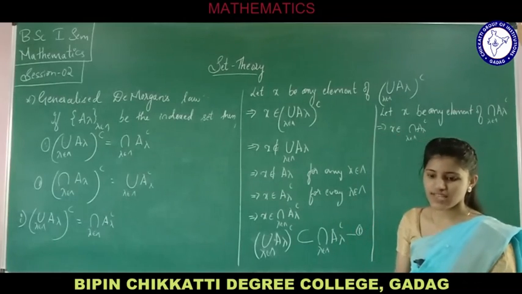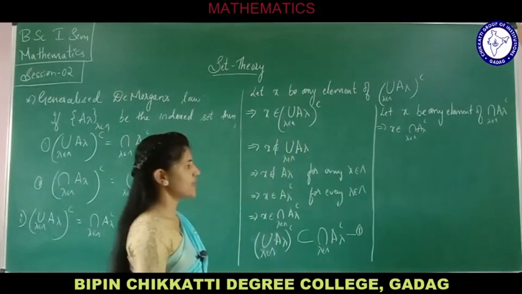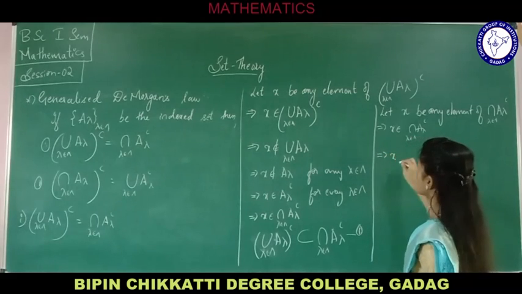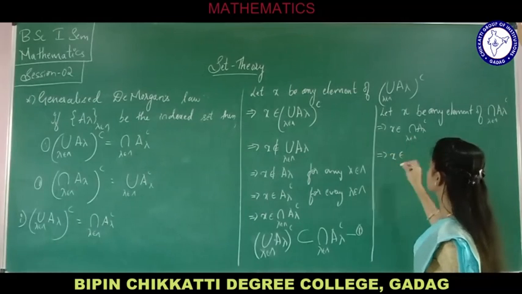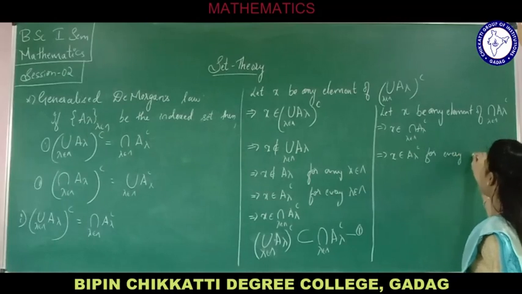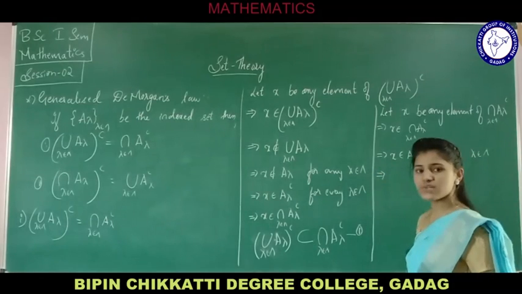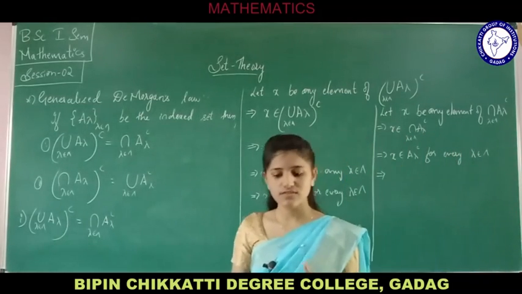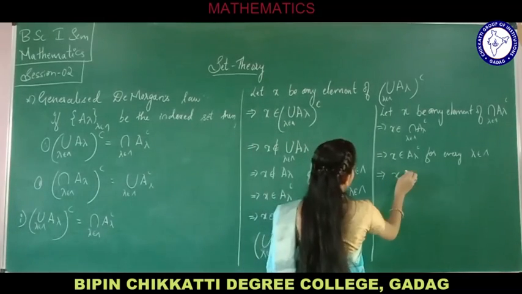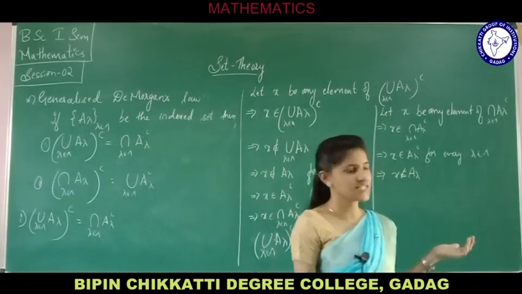It is obvious that x will belong to A lambda complement for every lambda belonging to the indexed set. What does this mean? This means that x will not belong to A lambda for any lambda belonging to this indexed set.